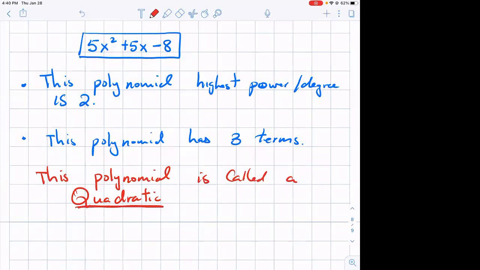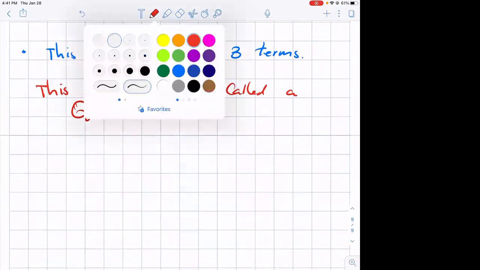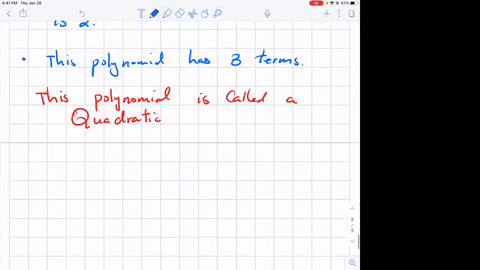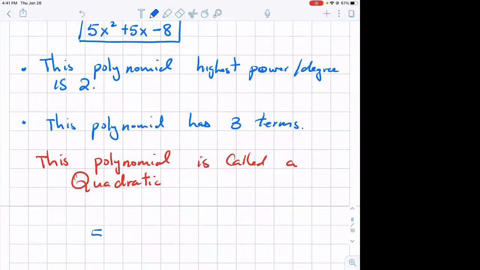It's called quadratic because the highest power is 2, followed by a power of 1, followed by a power of x to the 0. We had 5x squared plus 5x minus 8.